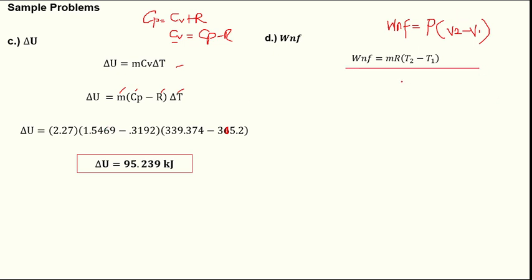Yung dinerive natin kanina. Meron kang mass, meron kang R, meron kang T2 minus T1. So direct sub, work non-flow is equal to 2.27 times yung R natin, 0.3192, T2 natin, 339.374. Then T1 natin ay 305.2. So unit-wise, dapat ang units niyan ay kilojoules. So work non-flow is equal to 24.762 kilojoules.